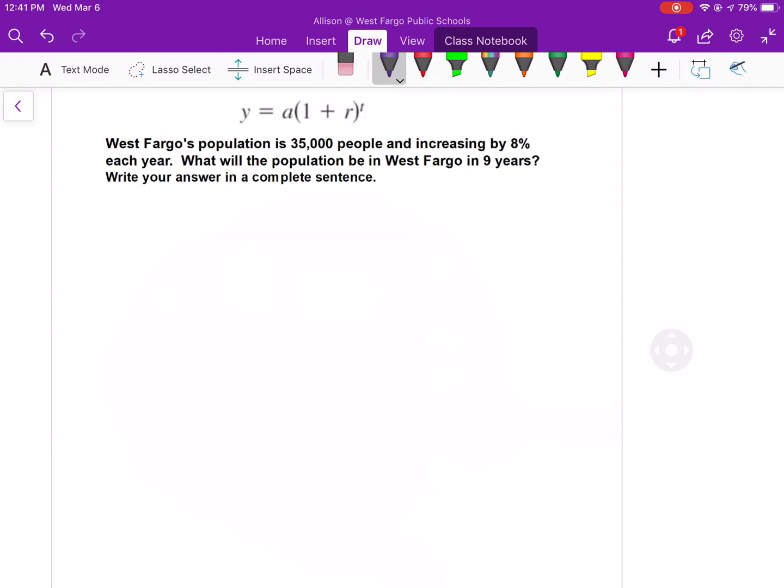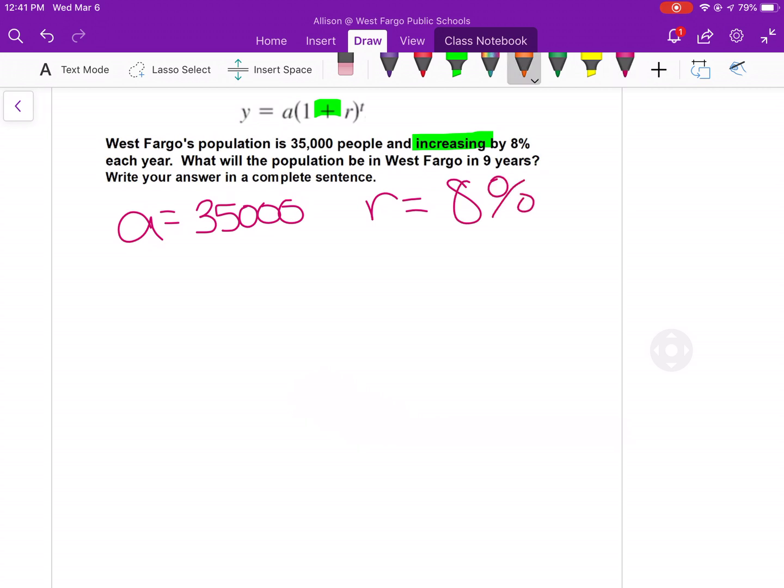So again, I know that it's increasing, and our equation is using addition here, so that tells me it's increasing. 35,000 people this time is my starting value. It's increasing by 8%, so I do need that as a decimal, so you move your decimal point over 2 places, so it's going to be 0.08 as a decimal.